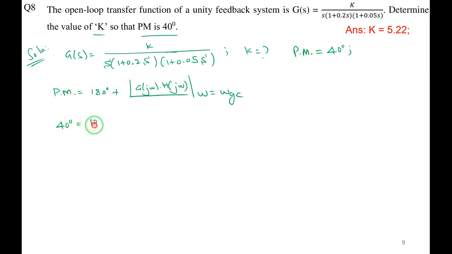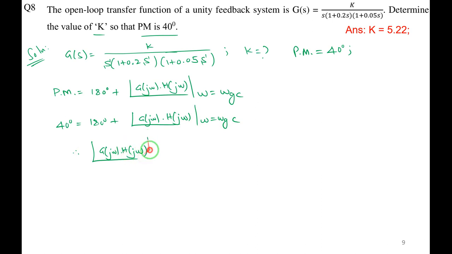It is equal to 180 degrees plus angle of G(j omega) H(j omega) at omega equal to omega gc.